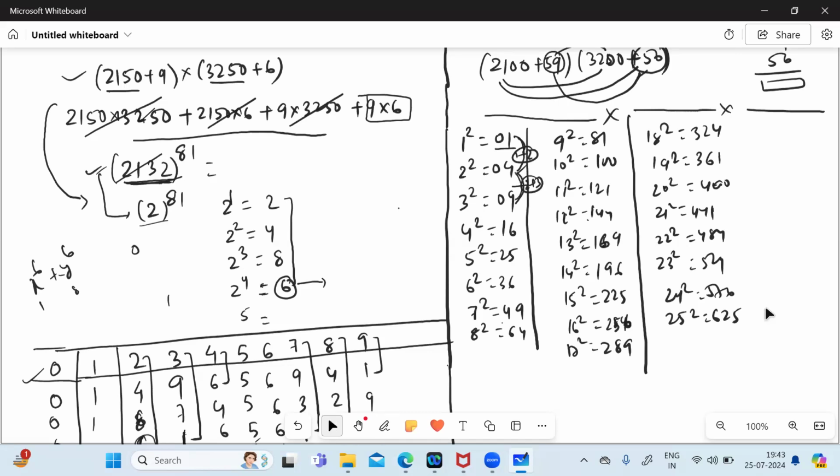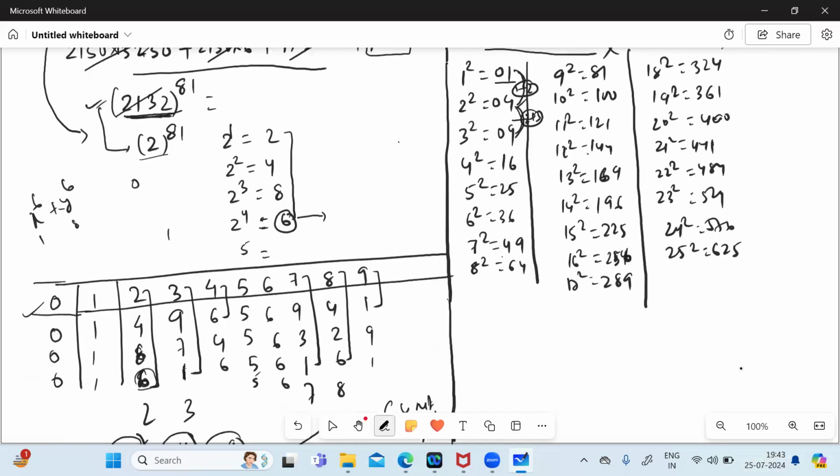So in this way, let's say 15 square is 225. If I add 15 plus 16 to it, it will give you 256. And this will be the square of 16. So it's not magic. It's just simple algebra.